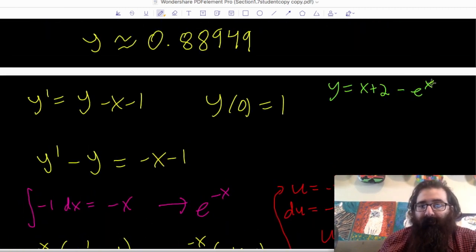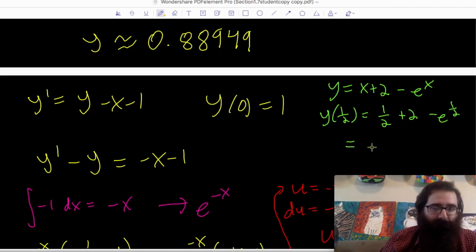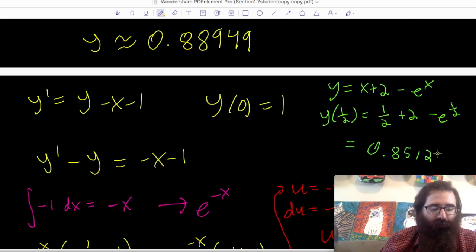Minus e to the x. And now I can find what y at 1/2 is. That's 1/2 plus 2 minus e to the 1/2. And if I go ahead and evaluate this, this should give me 0.8512787.